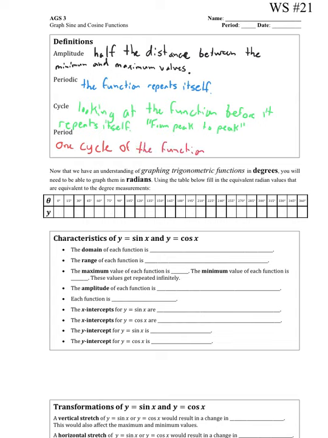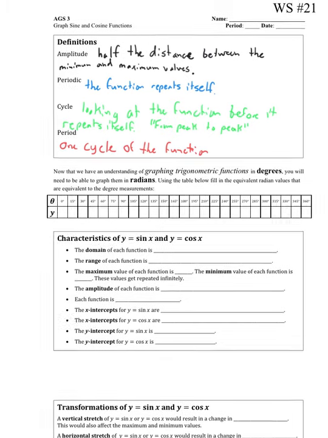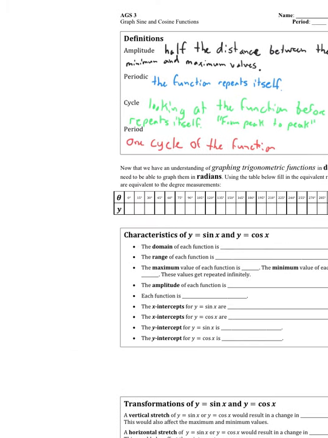We can sketch a little drawing here. So typically, when you have your sine function, it's going to start at 0, go up to a maximum, down to a minimum, back to 0, and then it's going to start again and do the same thing again.